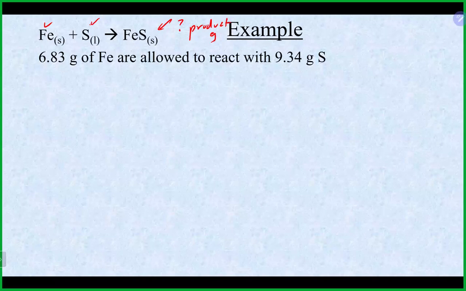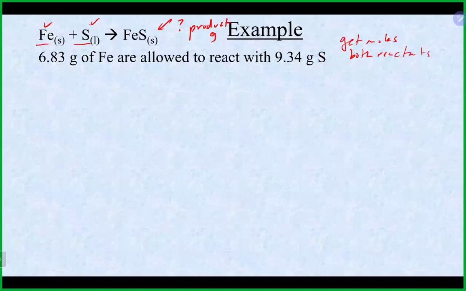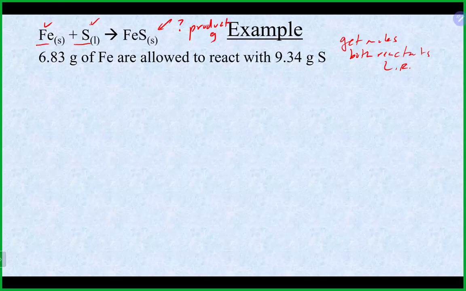So that right there tells me, because I am given enough information about both of the reactants here, I could definitely get to moles of both reactants. It is a limiting reagent type problem. So once again, we have to at some point do that limiting reagent calculation to determine which one it is.